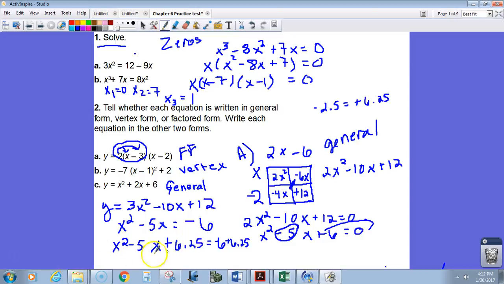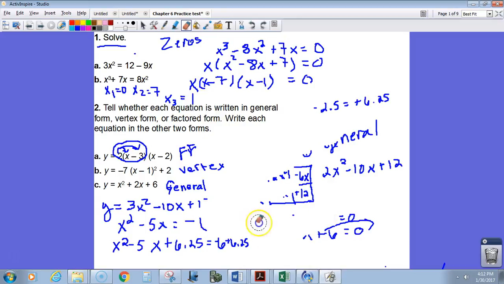And then I can turn this into a perfect square. So I'm going to erase some of this work over here so that I can continue.